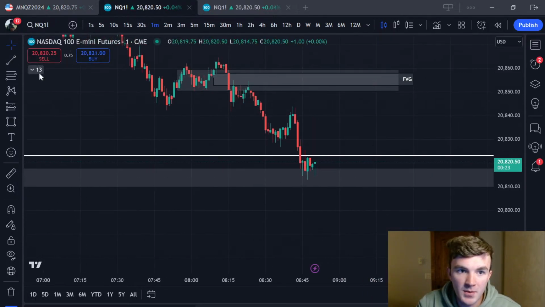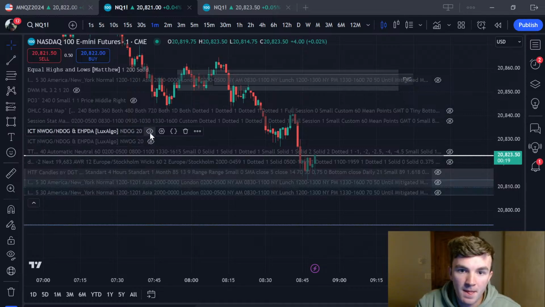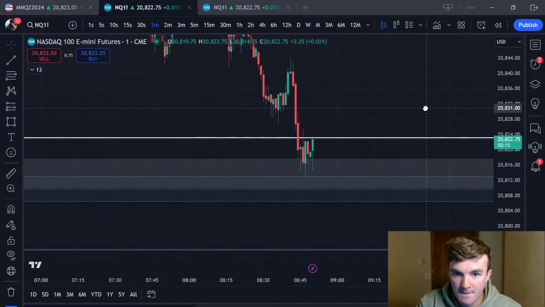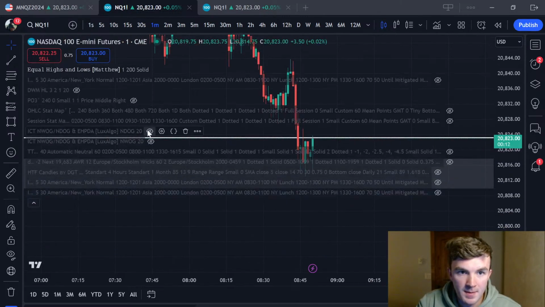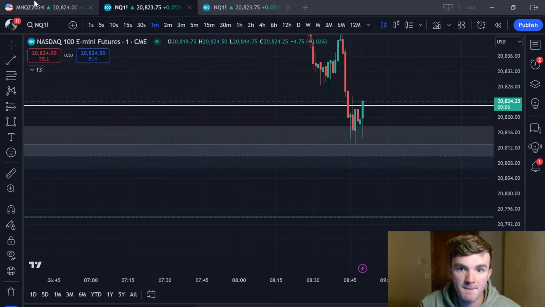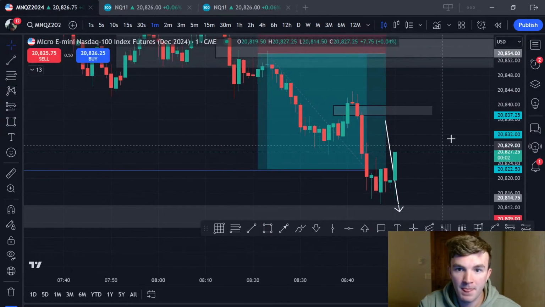So anyway, I do think that we will get a reaction to the upside here because this is a new day opening gap. So if I pull up, yeah, this is a new day opening gap overlapping with a 15-minute fair value gap.